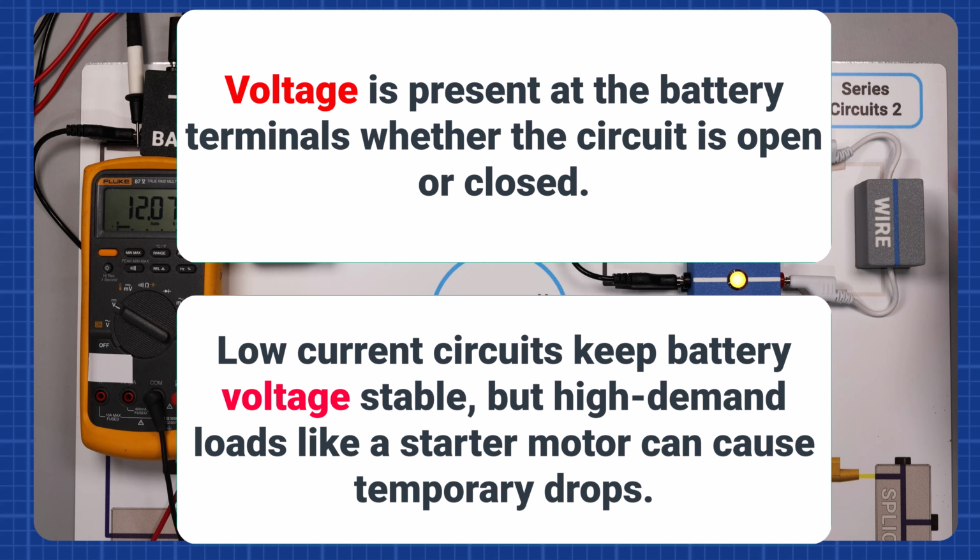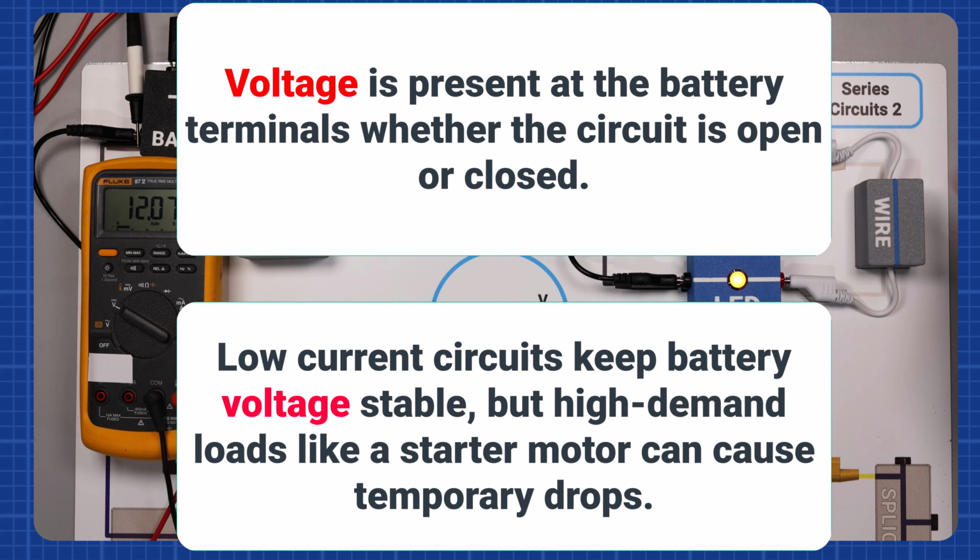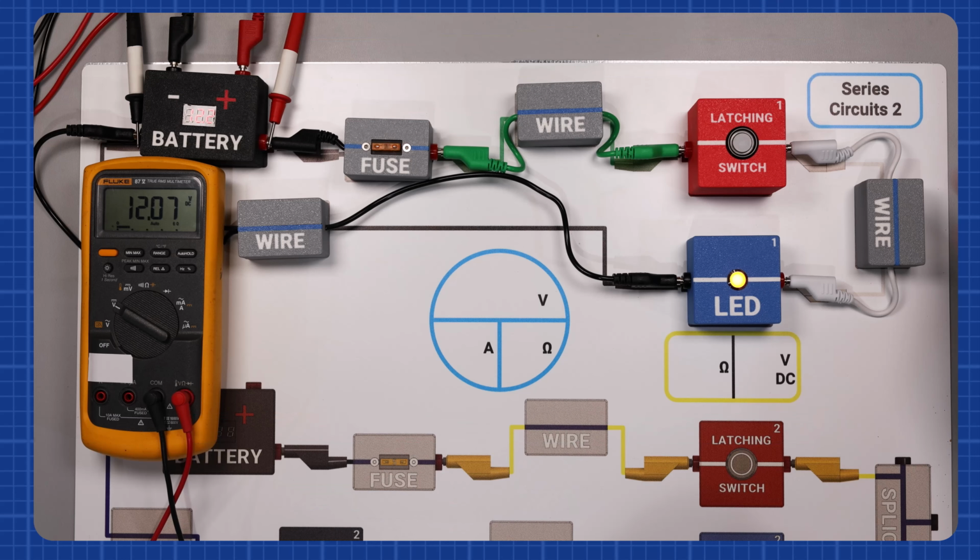However, larger loads like a starter motor can cause the battery voltage to drop temporarily due to the high current demand. This stability in voltage ensures that the battery can power components in the circuit under normal conditions. In future lessons, we'll explore how varying current demands affect battery performance and how to identify voltage drops in high current situations.